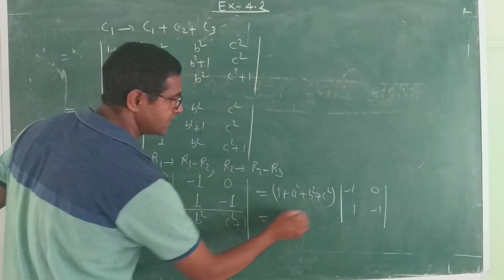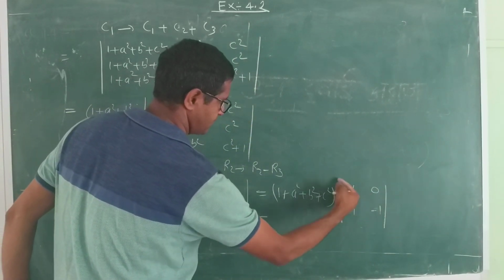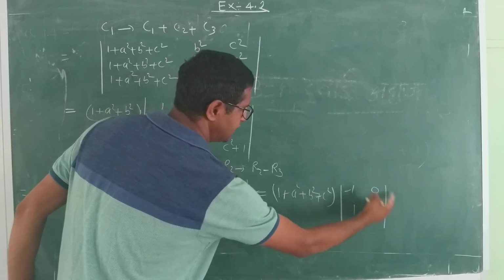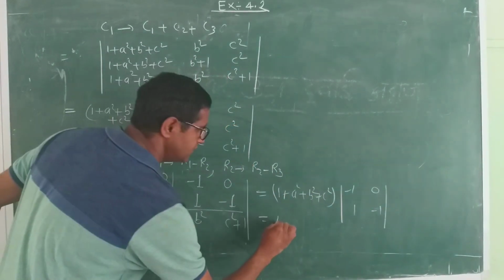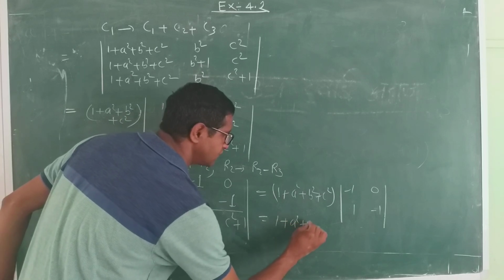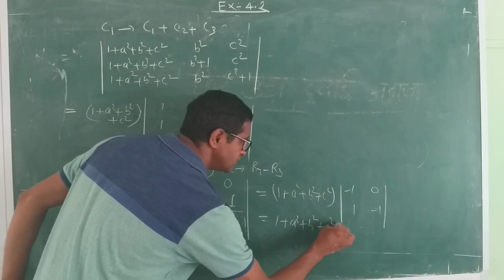After solving, the value of this one is 1. So the final answer is 1 plus a square plus b square plus c square.